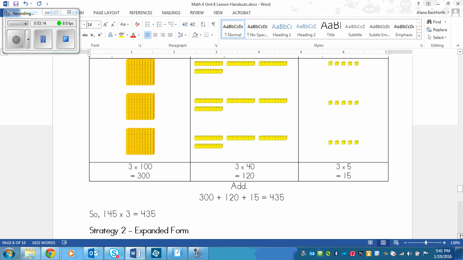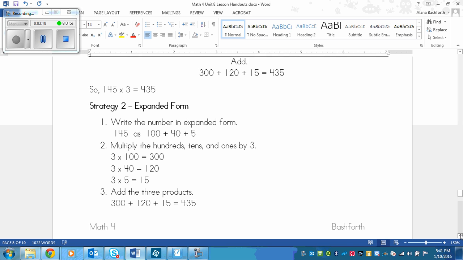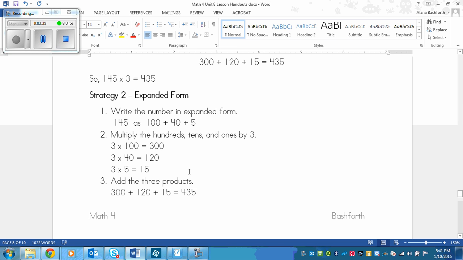Now strategy number 2 is using expanded form. So you'll remember this from lesson 5 as well. So first you want to write the bigger number in expanded form. So 145, you can write as 100 plus 40 plus 5. That's expanded form. We did this in a whole unit before. Then what you will do is multiply the hundreds, the tens, and the ones by 3.